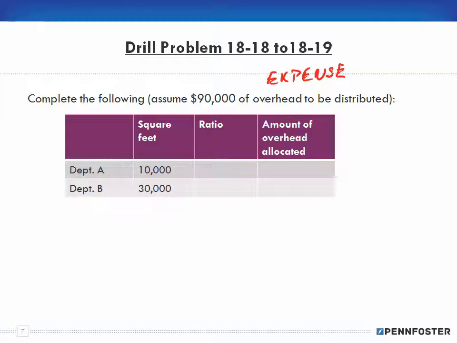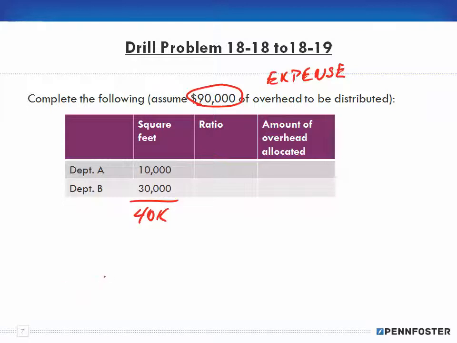What we want to do is figure out how much of this 90,000 should go to each department. In order to do that, we have to add up our square feet to get a total square feet. So 10 and 30 is 40,000.